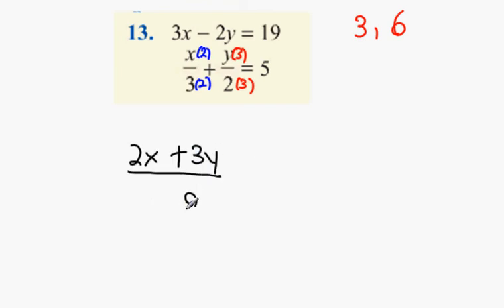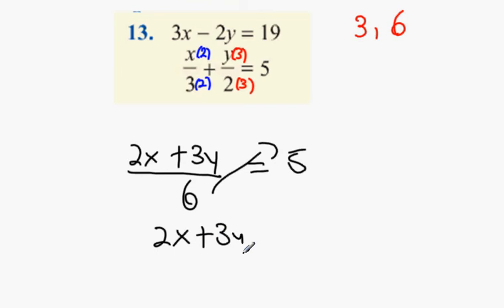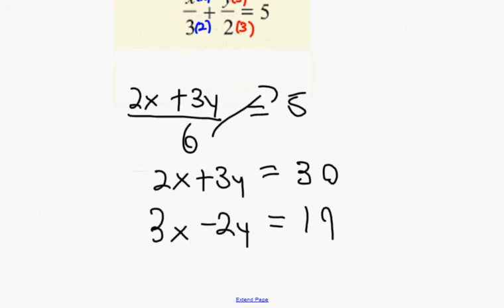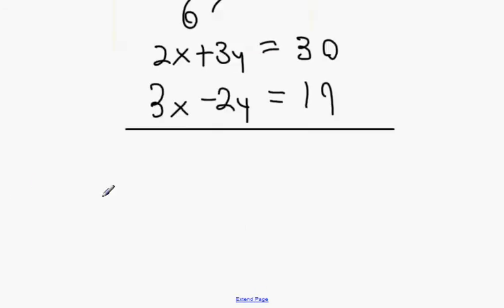All over 6 equals 5. Multiply up by 6, you get 2x plus 3y equals 30. Then you're going to get 3x minus 2y equals 19. Now, to get rid of the y's, you multiply the top one by 2 and the bottom one by 3, because we're going to get 6y in each case.